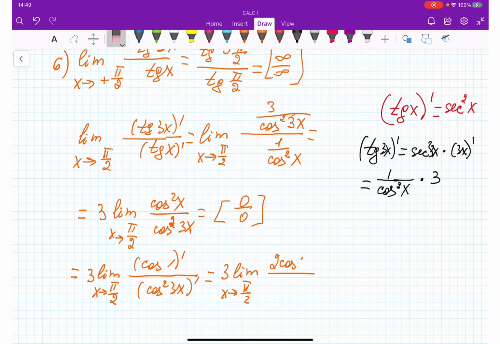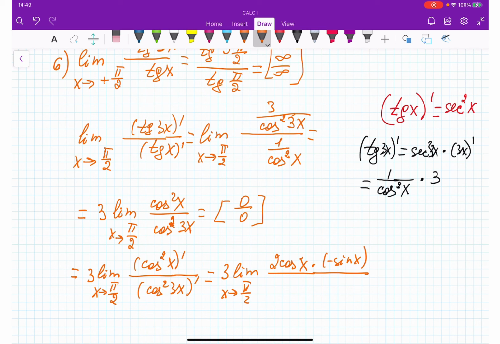Let me make these two look really squared, otherwise I was getting confused myself, taking it as a cosine 2x. So 2 cosine x times the derivative of cosine x, which is negative sine x, right? First I took the derivative of this square, and second I took the derivative of cosine itself.